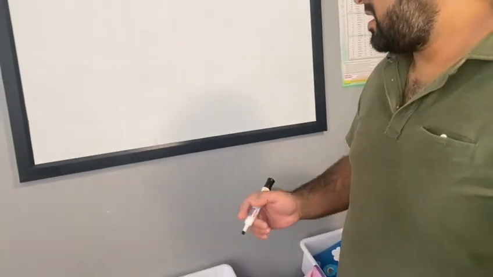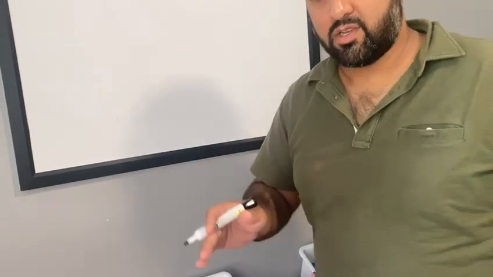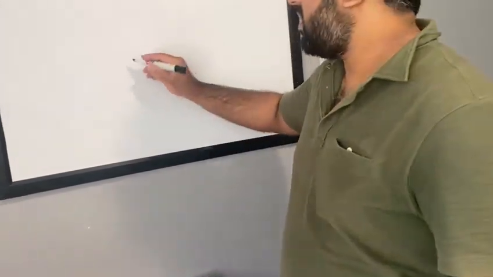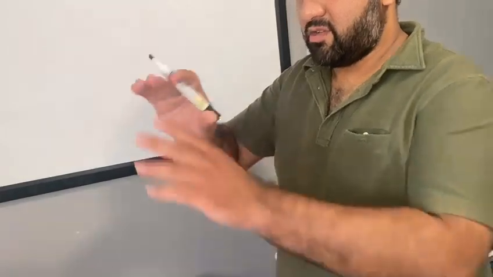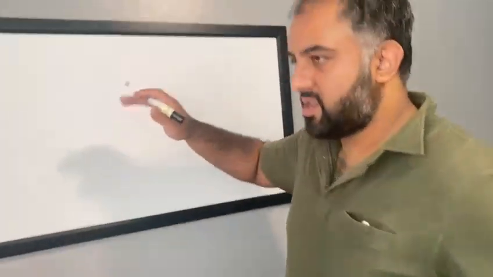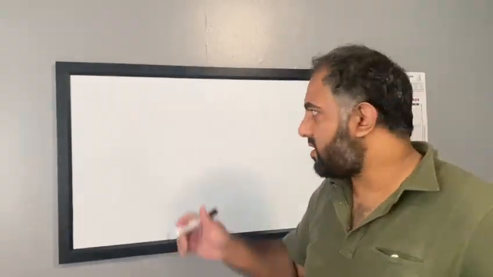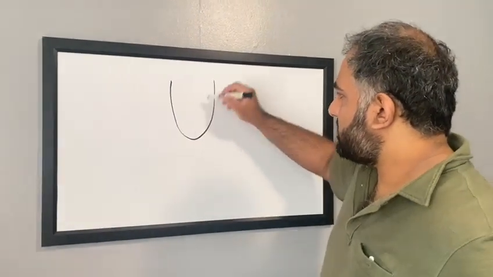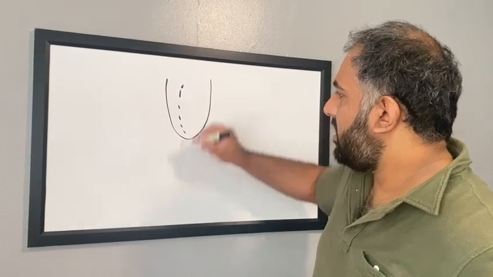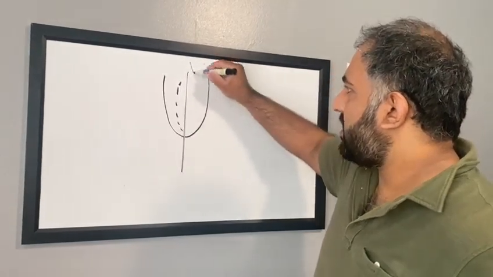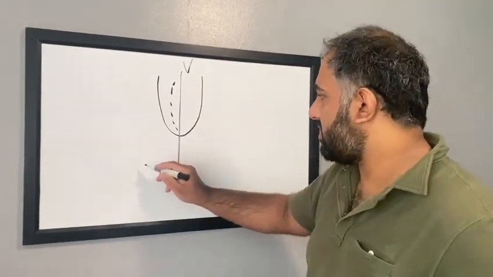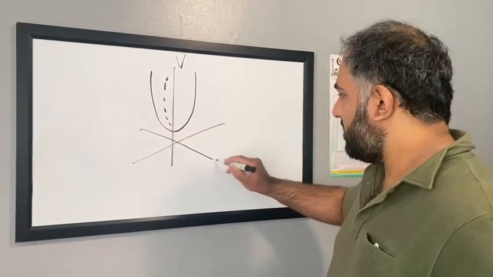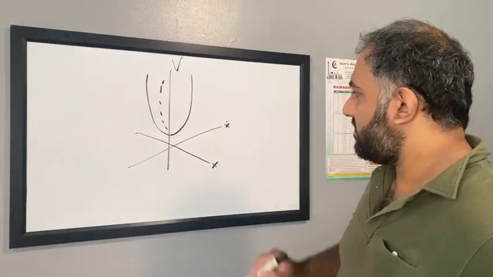In that sense, the interpretation we use is that the function V equals whatever, a function of a 3D parabola or paraboloid. Imagine this is a 3D parabola, right? This is your Z or V axis, so V equals whatever. It's a function of your state and the time derivative of your state.